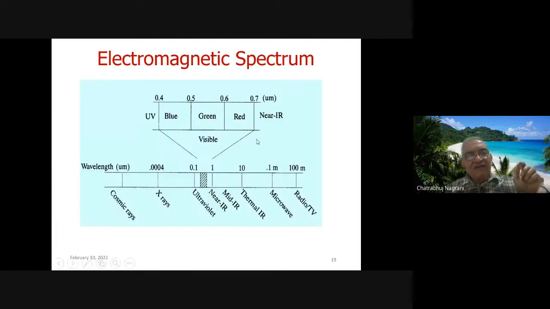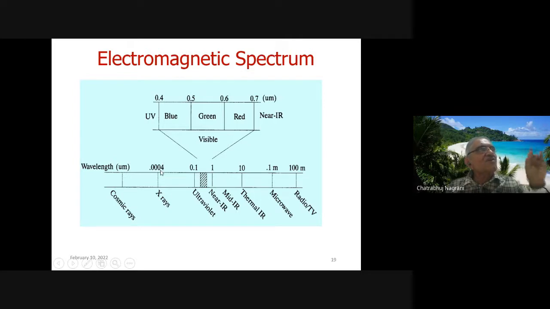Now if you see the electromagnetic spectrum, the electromagnetic waves go all the way from cosmic rays, which have very low wavelength. Here you can see X-rays. Everybody knows X-rays. They are about 1 to 4 angstrom.